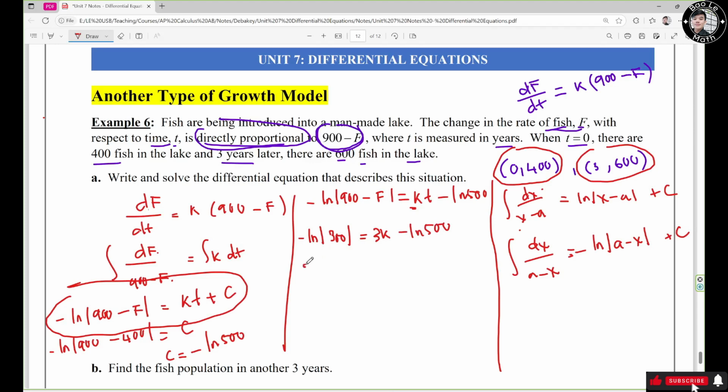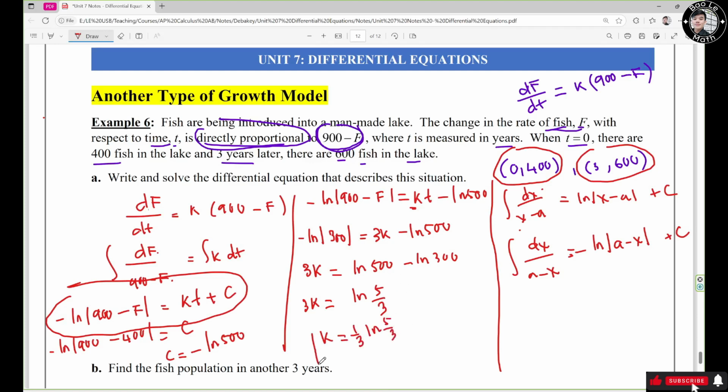So I have 3k equals natural log of 500 minus natural log of 300. So 3k equals natural log of 500 divided by 300, which is 5 over 3. So k equals 1/3 natural log of 5 over 3.